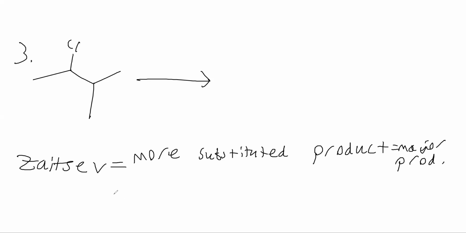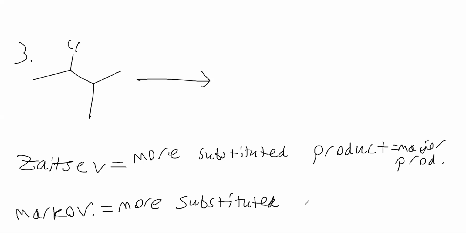The analogy to another kind of reaction: you should hopefully remember Markovnikov's rule for the more substituted product forming. And there were also anti-Markovnikov reactions, just like there are anti-Zaitsev reactions, which are called Hofmann, I think.